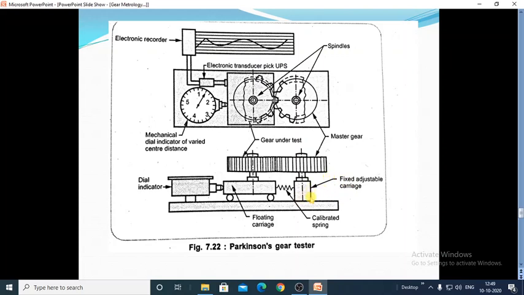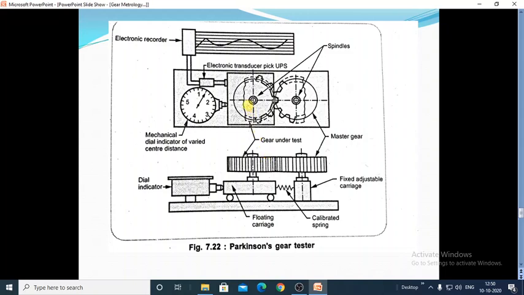To this carriage the floating carriage is connected with the help of a calibrated spring. Further, the dial indicator is there. On these carriages the gears are mounted: on the fixed adjustable carriage the master gear is mounted, and on the floating carriage the gear under test is mounted. So this is how the construction is.